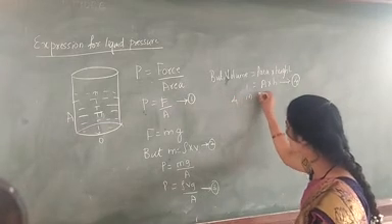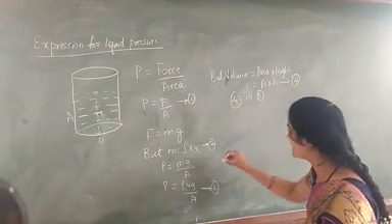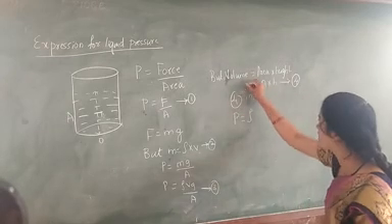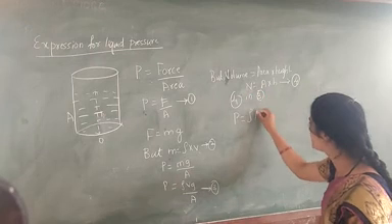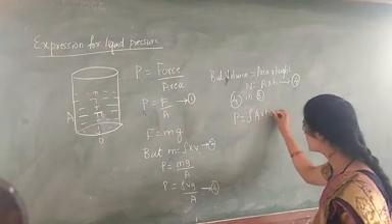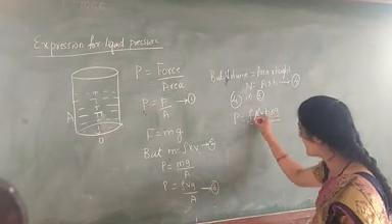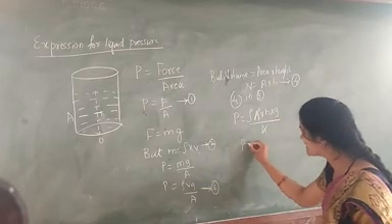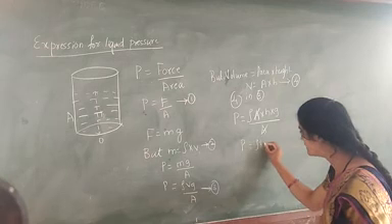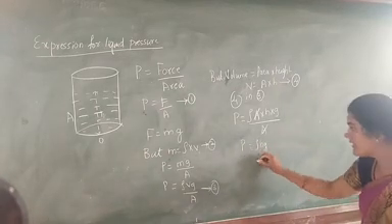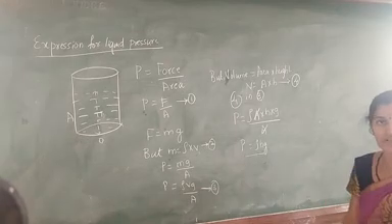Next we are getting P is equal to rho, V means A into H, A into H into G by capital A. Area gets cancelled. Then the remaining answer, P is equal to rho H G. Pressure is equal to rho H G. This we can call the hydrostatic equation.